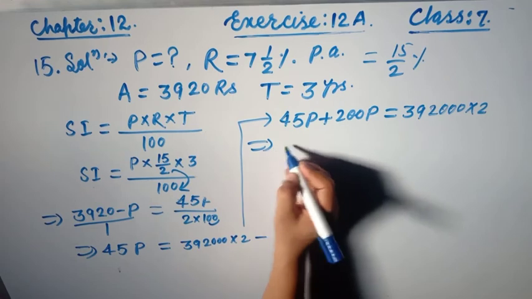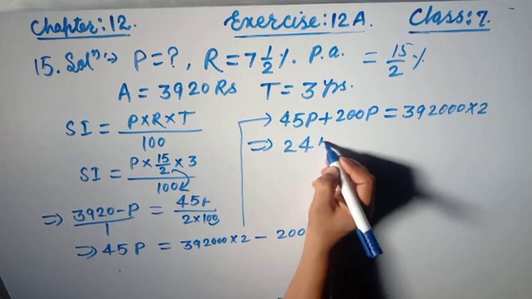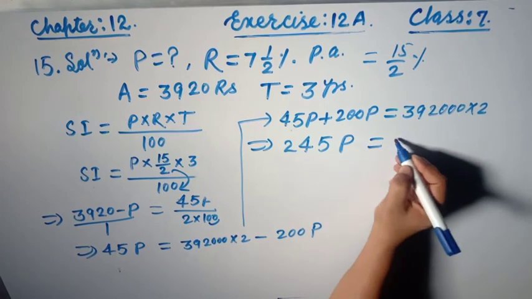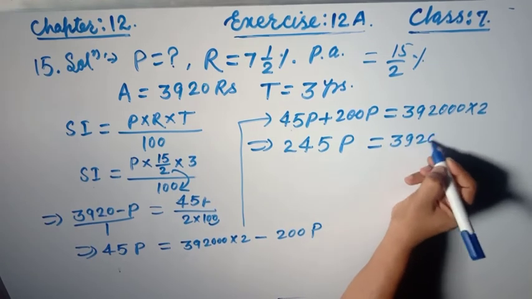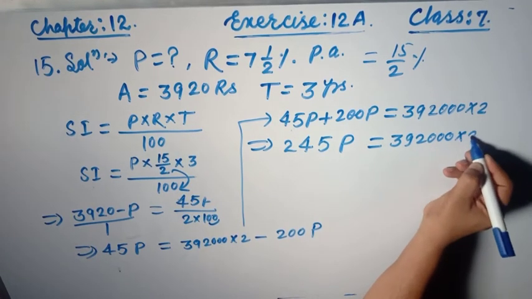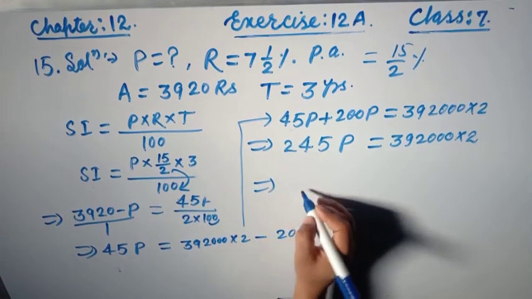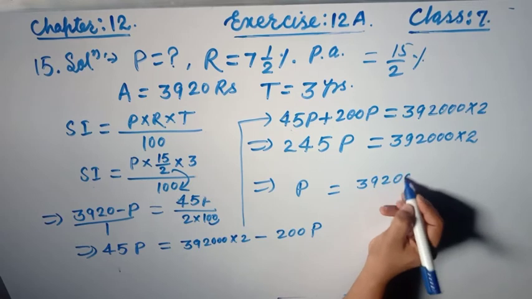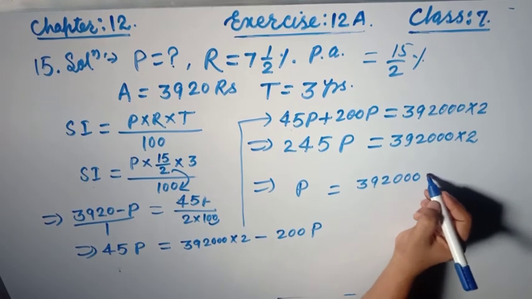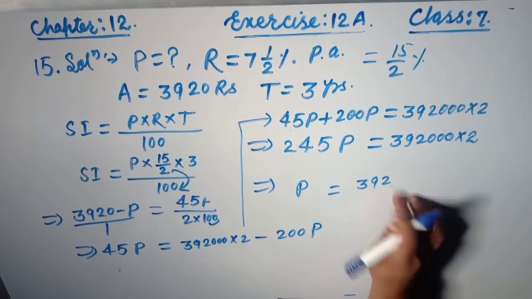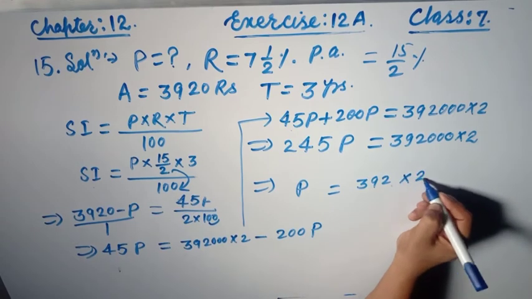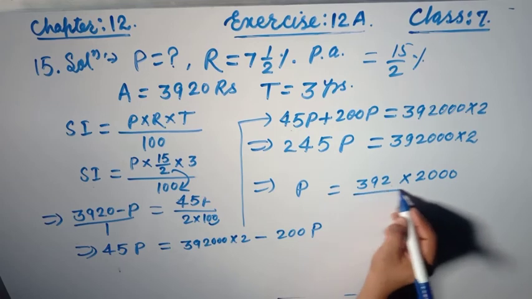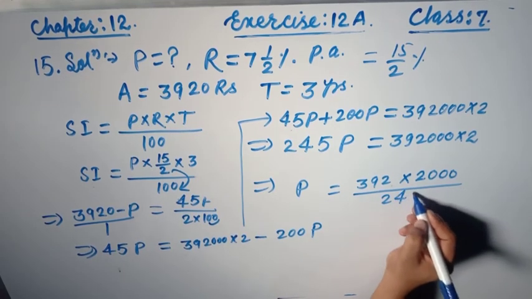Now here friends, 45 plus 200 is 245, so 245 P is equal to 3,920 multiplied by 2. Now P is equal to 3,920 multiplied by 200 divided by 245. Or either we can change, friends, this is 2000 divided by 245.